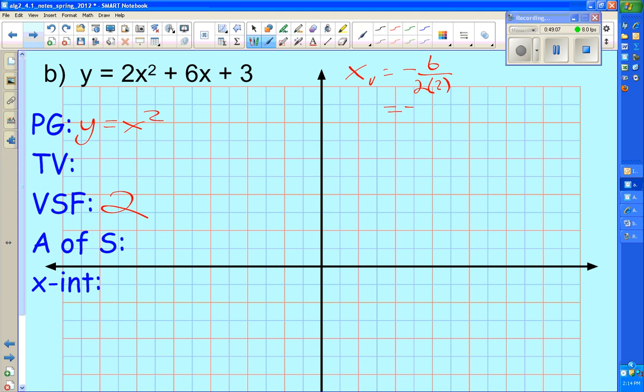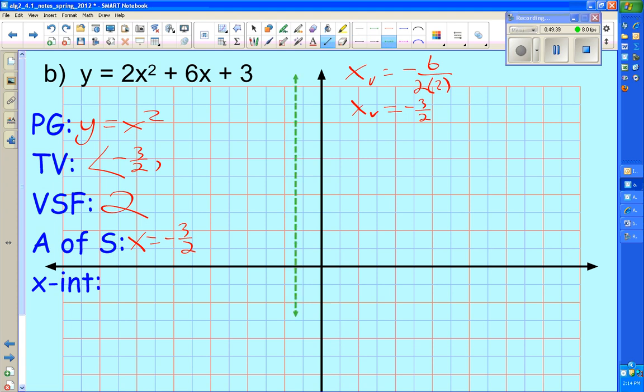So we're going to end up with negative 3 over 2 for the x-coordinate of the vertex. Folks, you're not always going to have a nice, pretty vertex. Deal with it. The whining about it isn't going to change the vertex. It's negative 3 over 2. That means x equals negative 3 over 2 is automatically my axis of symmetry. So we can go right at it. x equals negative 3 over 2.